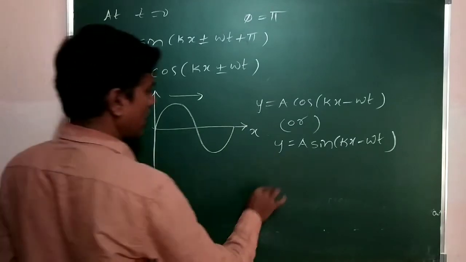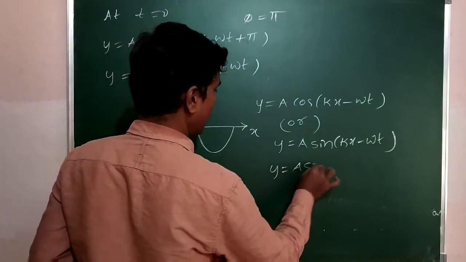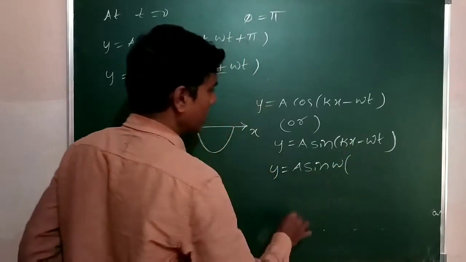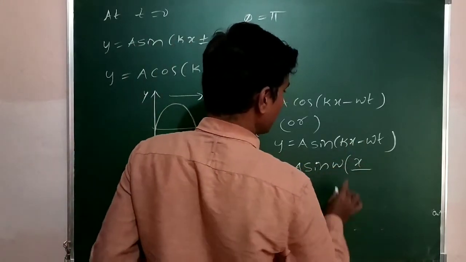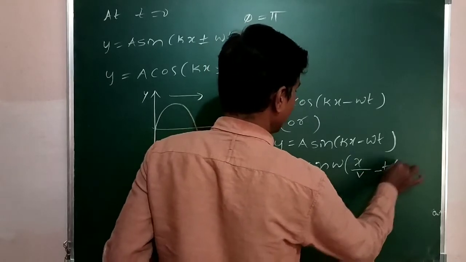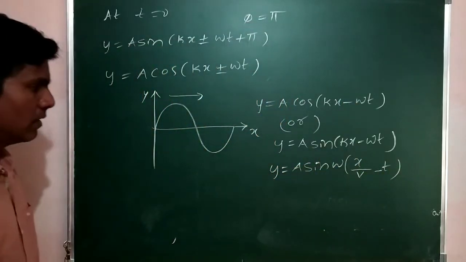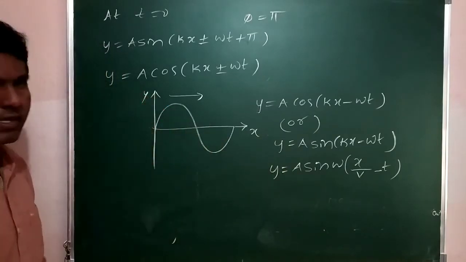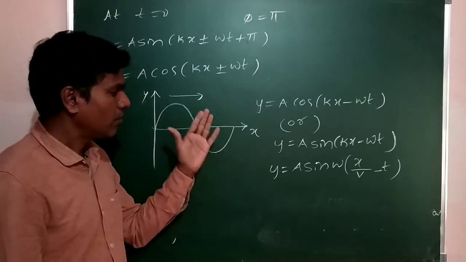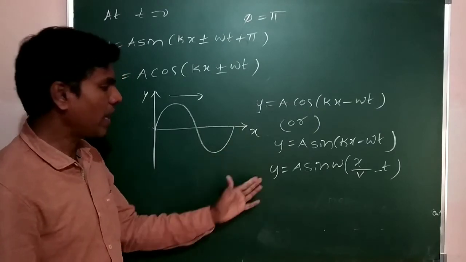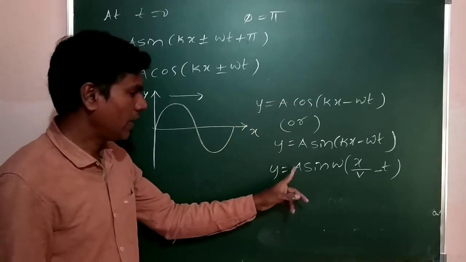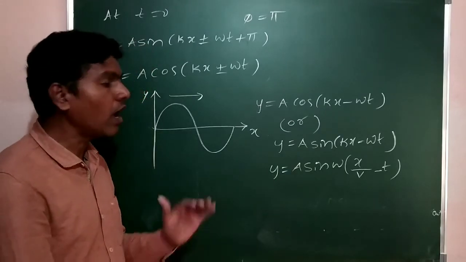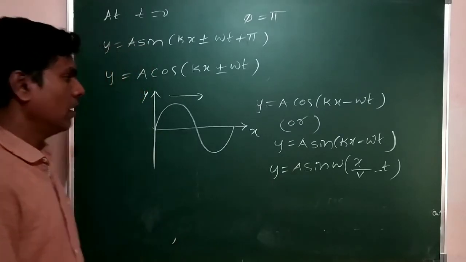Or we can write y equal to a sine omega of x by v minus t. It is also one of the equations when the wave is moving along the positive x direction.